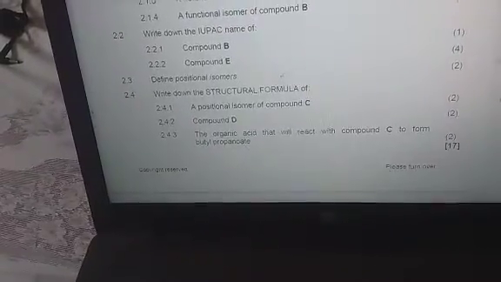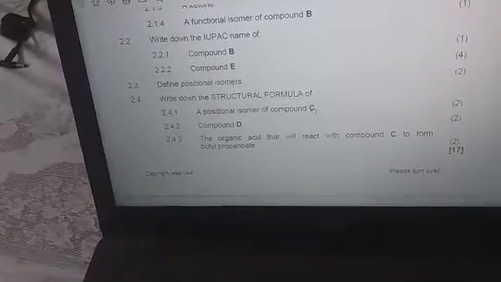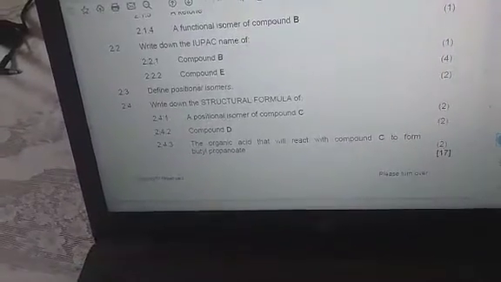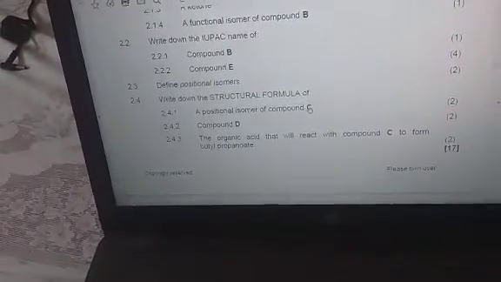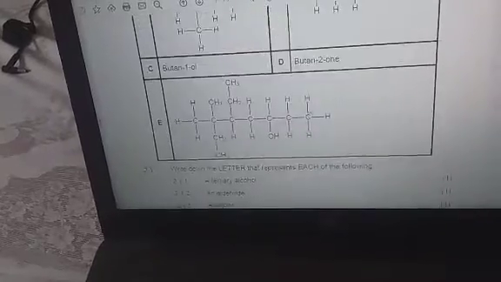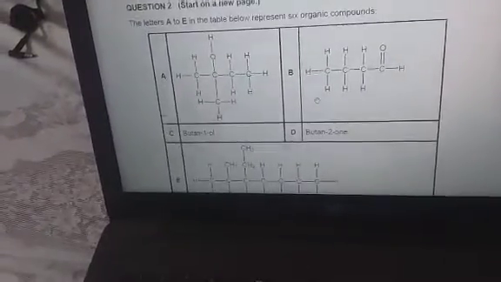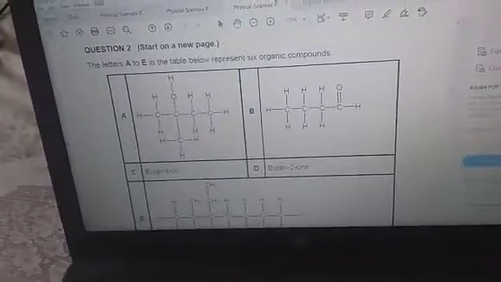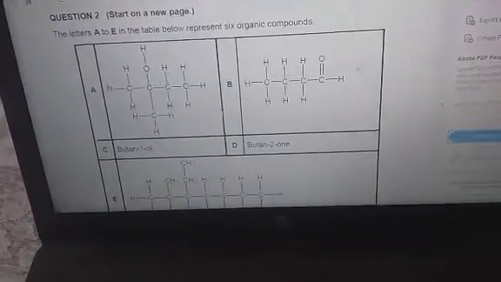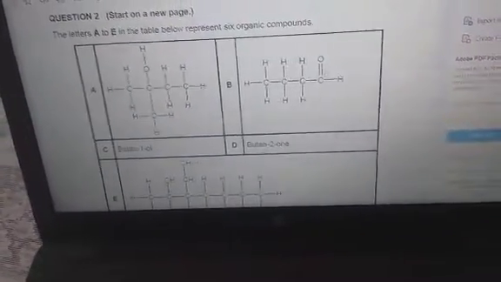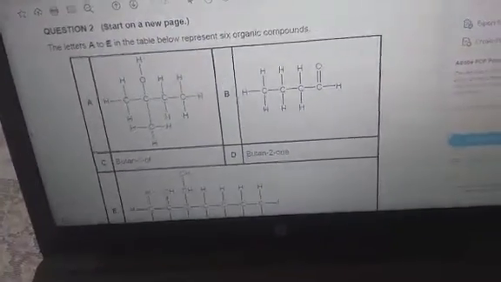Write down the structural formula of a positional isomer of compound C. Let's see compound C. Here we'll simply draw this compound, but we'll simply change the position of the alcohol to not be on the first carbon, but to be on the second or on the third. That's the only thing we'll do.